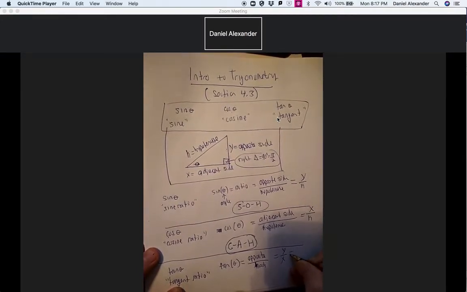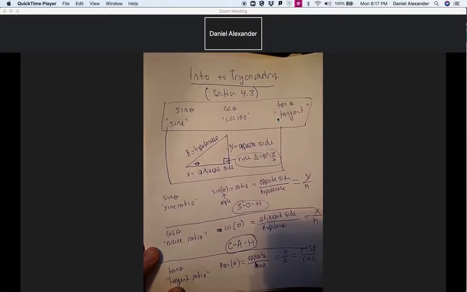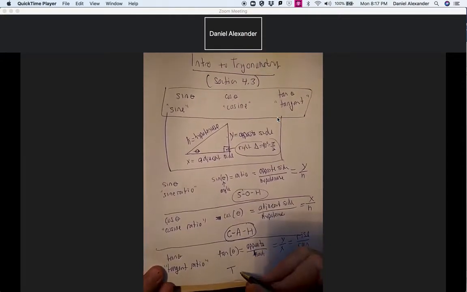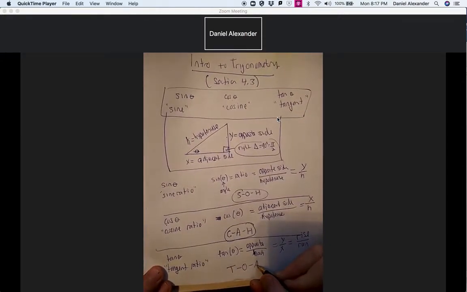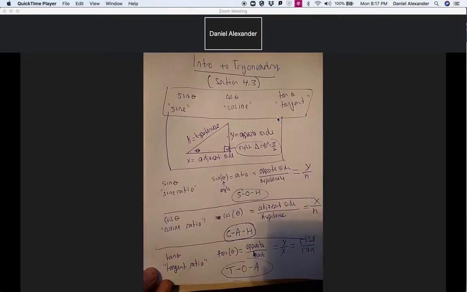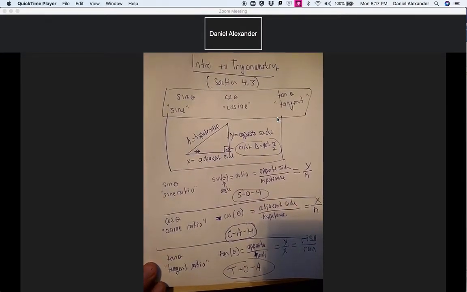It's kind of like a slope, like the rise over the run. And again, tangent, opposite over adjacent. So together you have SOHCAHTOA, and that's what some people use to remember.